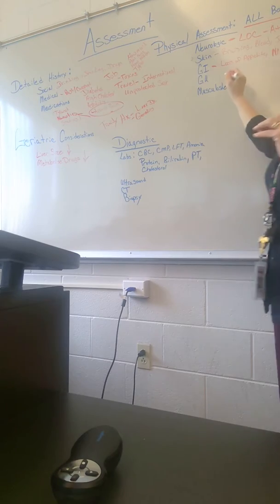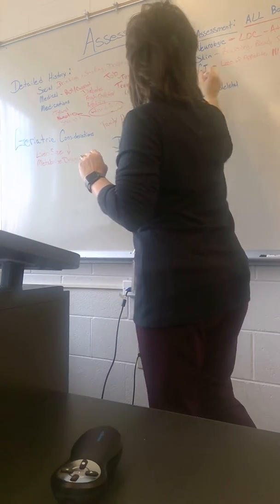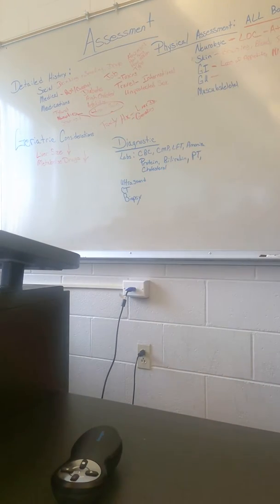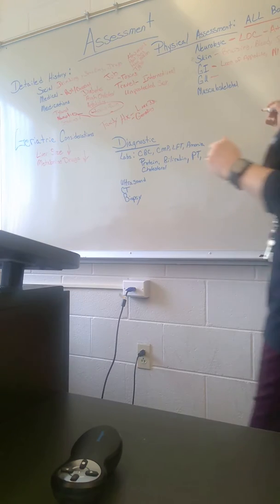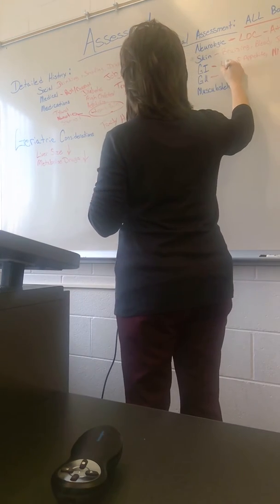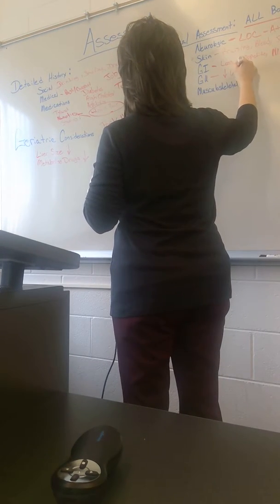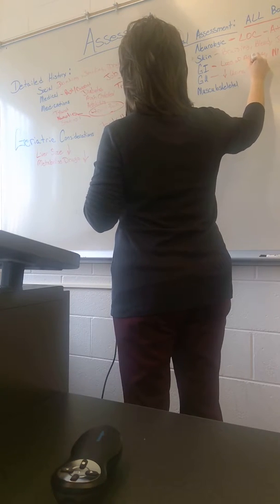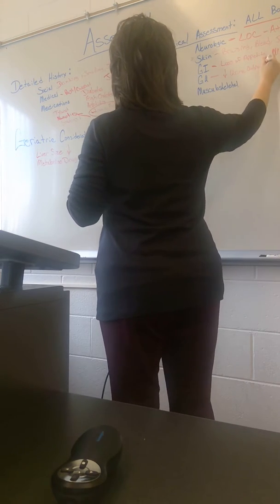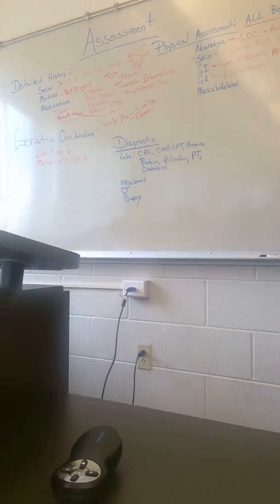What can we see with the GU system? Decreased urine output. What else? What are some of the other things we can see?